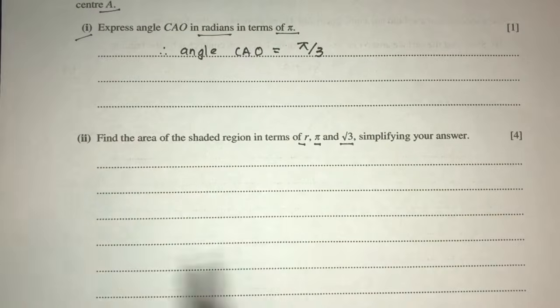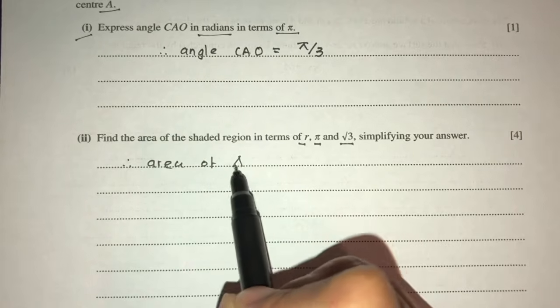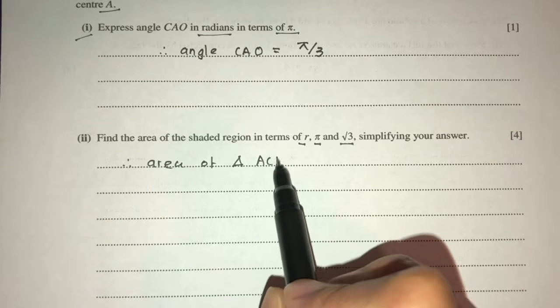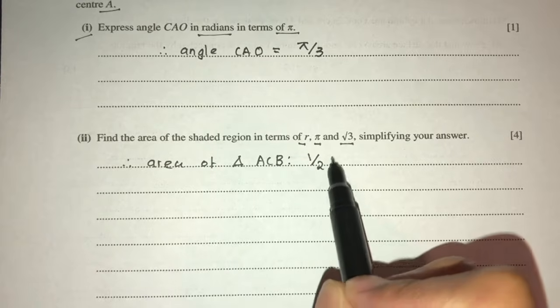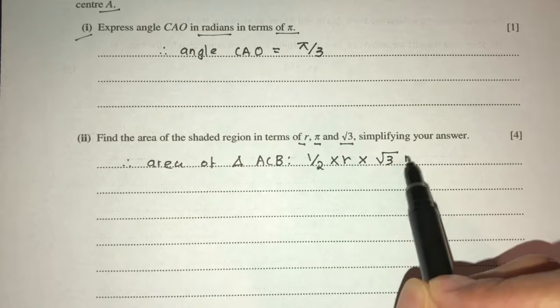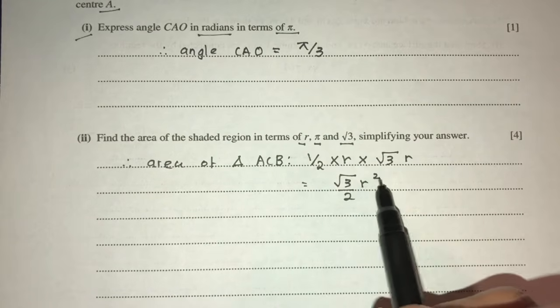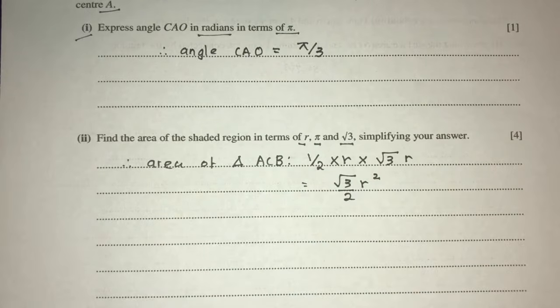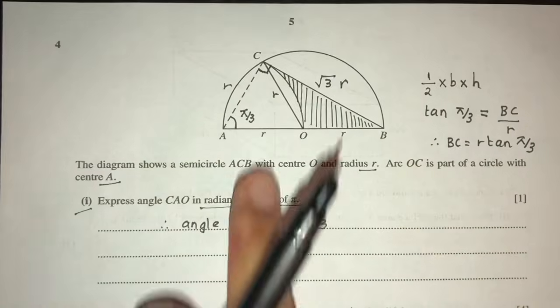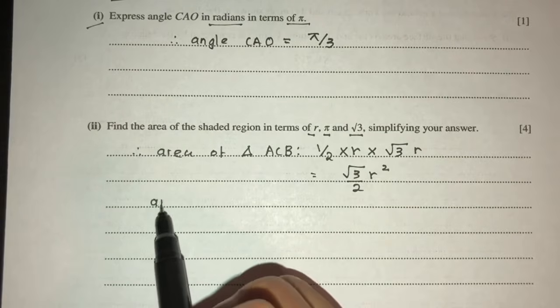So let's do that. First thing is we have to find the area of triangle ACB. Half times base times height. That will be root 3 over 2 R square. That is area of triangle. And so now we have to minus the area of sector. So this one is also found by using a formula.